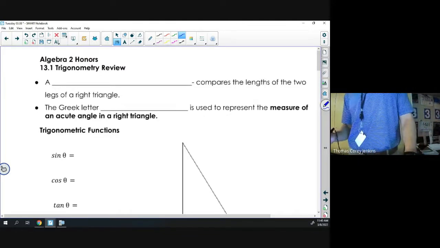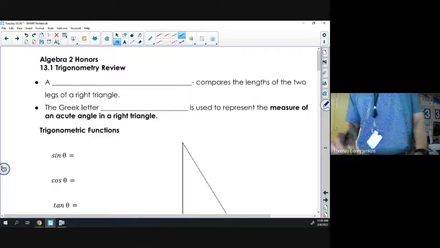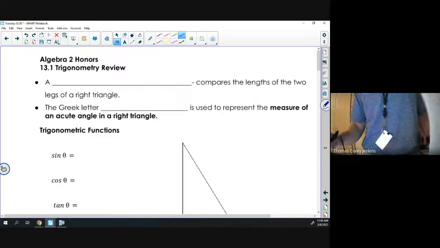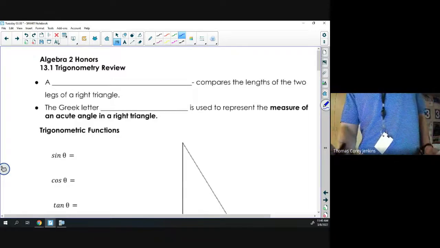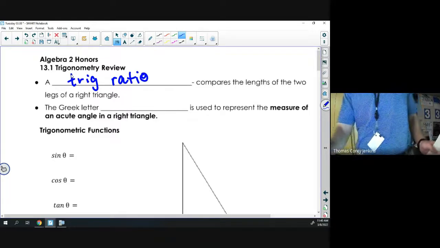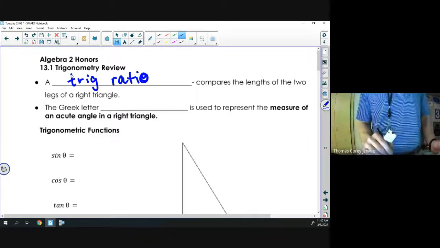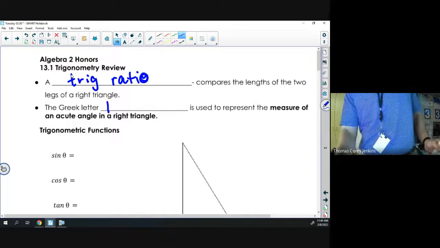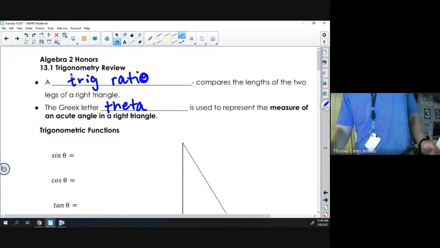All right, so just some vocab to start. A blank compares the lengths of two legs of a right triangle. We're going to say a trig ratio does that, and we'll go over what those are in a second. And then the Greek letter theta, I accidentally made my O a theta in ratio, is used to represent the measure of an acute angle.